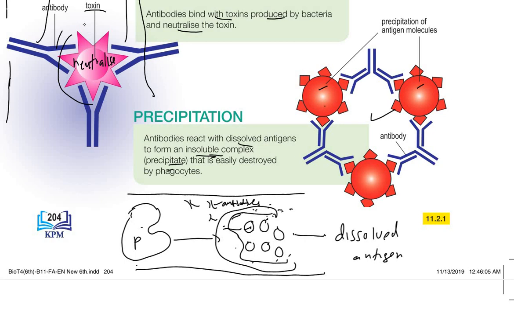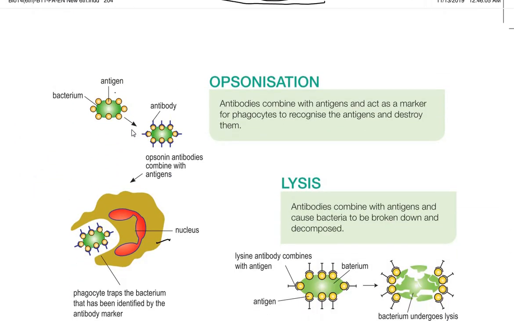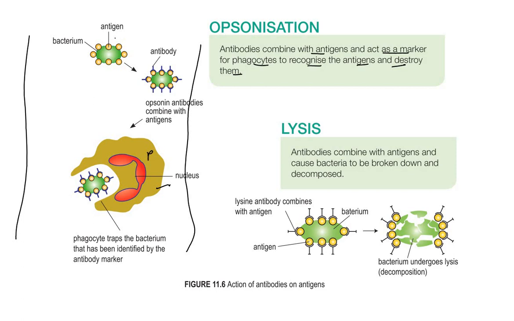And the fourth one is opsonization. What is opsonization? Antibodies combine with antigens and act as a marker for the phagocyte to recognize the antigens and destroy them. Say this is our blood vessel. A bacterium enters with the antigen on the surface, and the phagocyte cannot recognize the antigen.